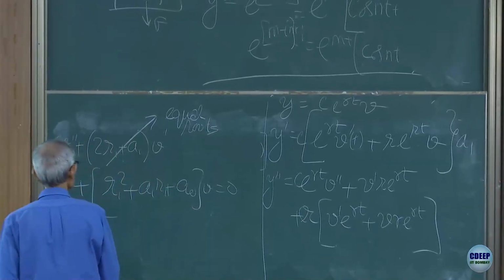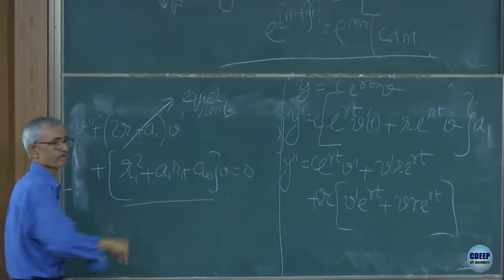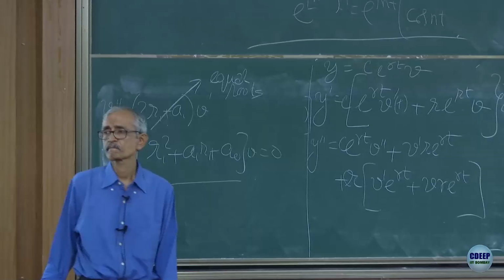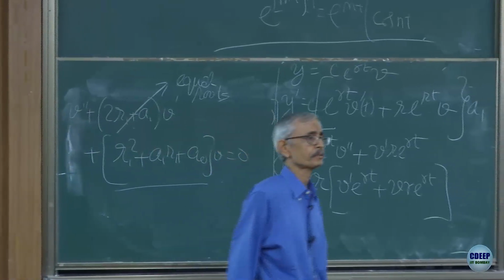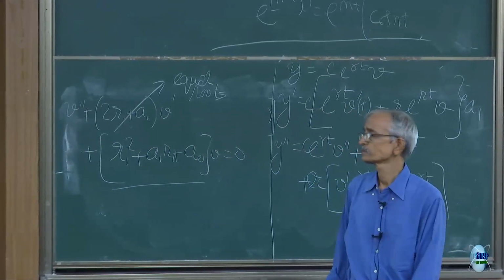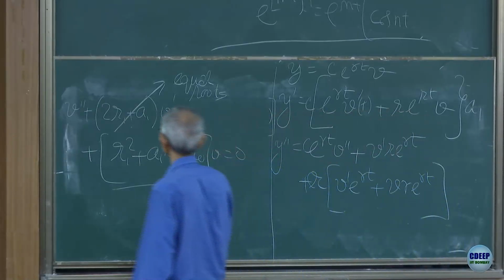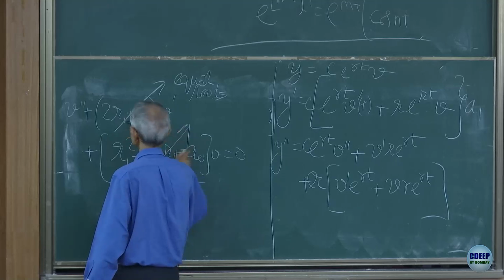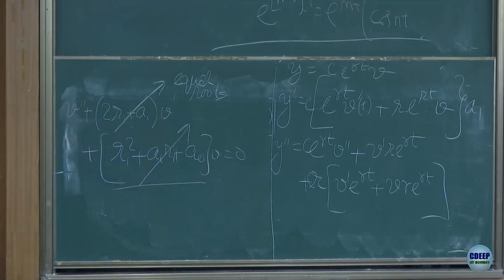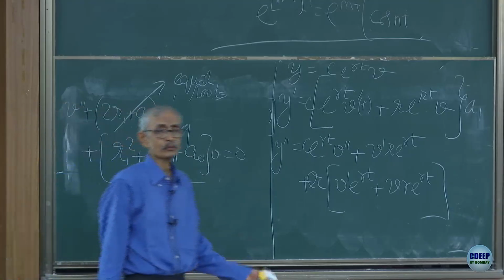What about this term here? What about that term? That term is also 0, right? By virtue of the fact that this is a root to that, because this is what you are going to be ending up with if you say that that's my root. Right?